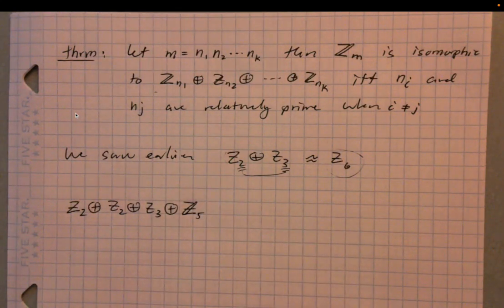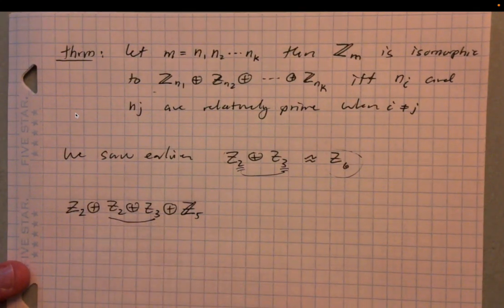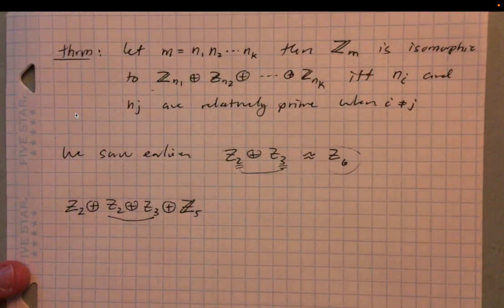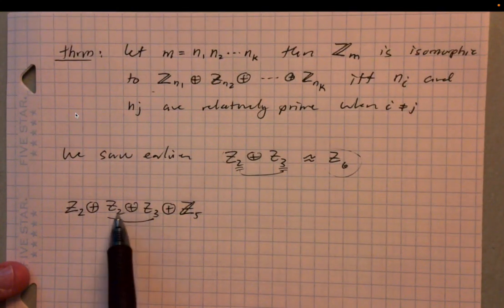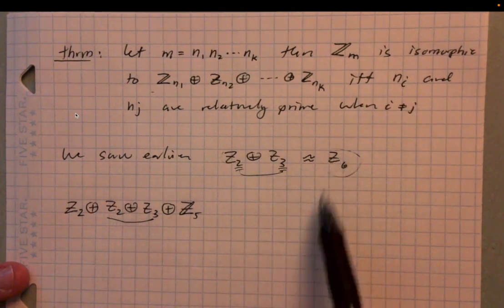Okay, if I have those 4 groups, well, I can look, for example, these 2 are relatively prime. So I could combine them. So Z2 × Z3, external direct product, is isomorphic to Z6, as we saw here.